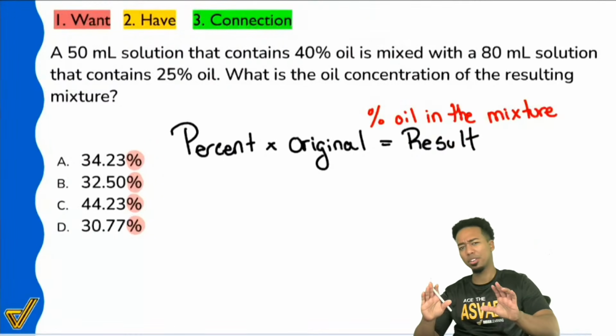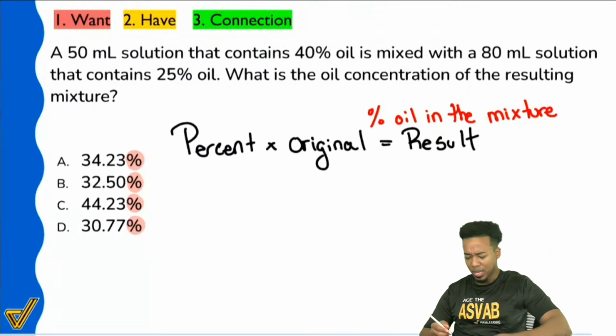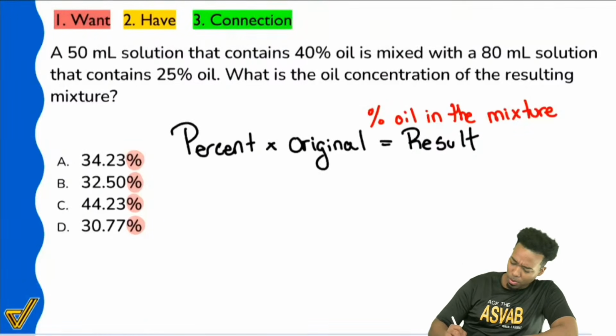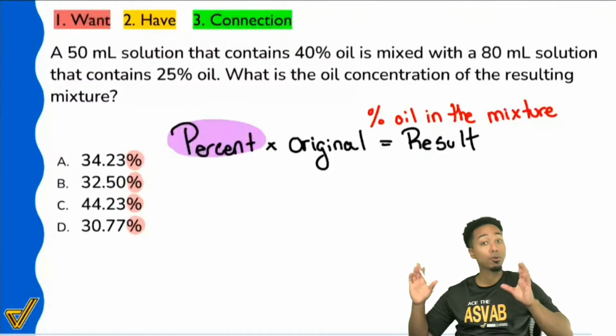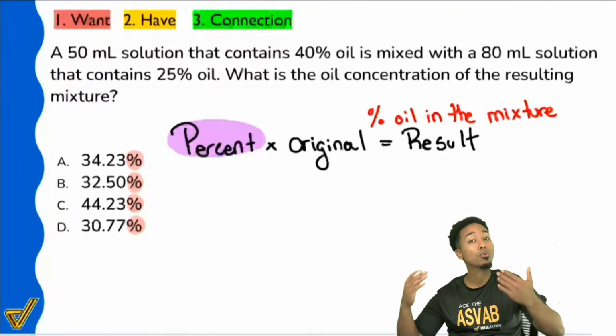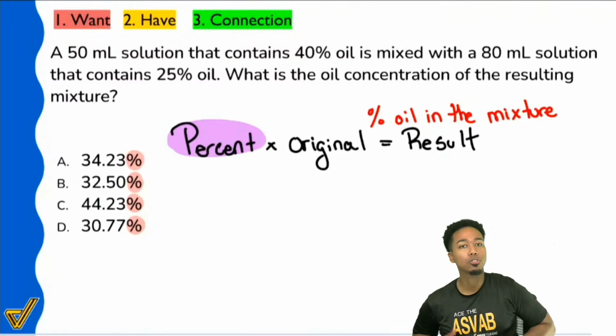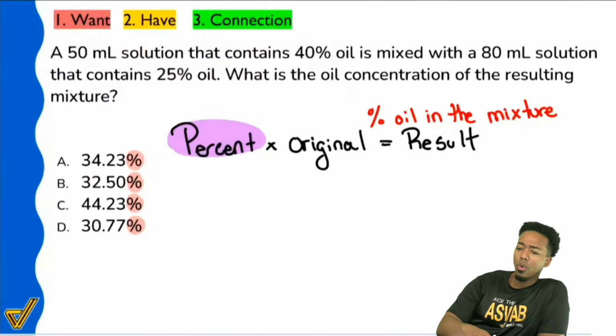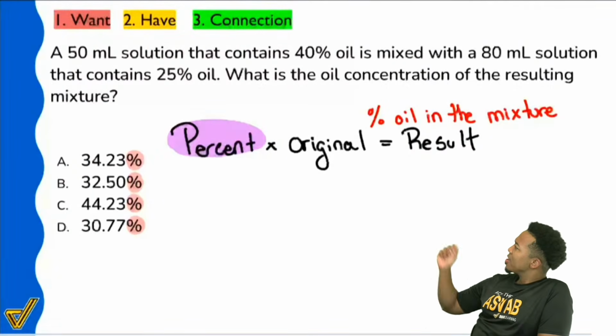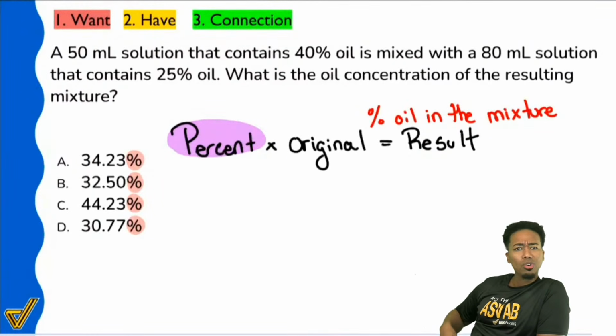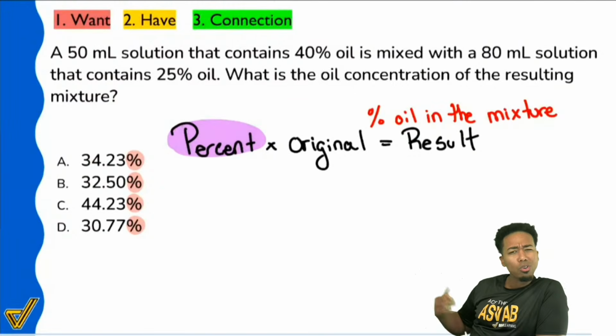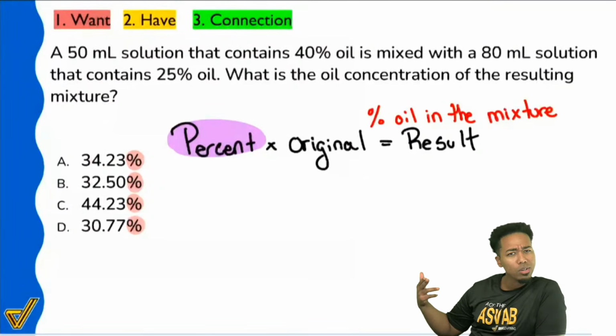So help me out, everybody. If we're looking for a percent, and that percent represents the oil in the mixture, which one of those other things, original or result, would also represent the oil in the mixture?